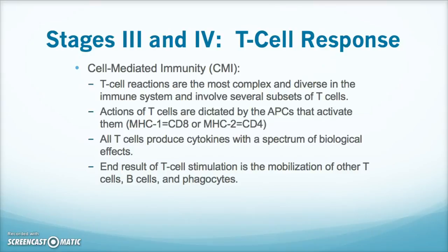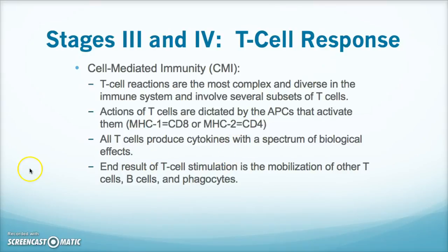When we look at the T cells, we know that we have to have an antigen presenting cell that presents the antigen to the T cells. Depending on what they're being presented by, if it's an MHC1 presentation, then that's going to activate CD8 cells, or cytotoxic T cells. An MHC2 will activate the CD4 receptor on T cells, which are generally the helper T cells.